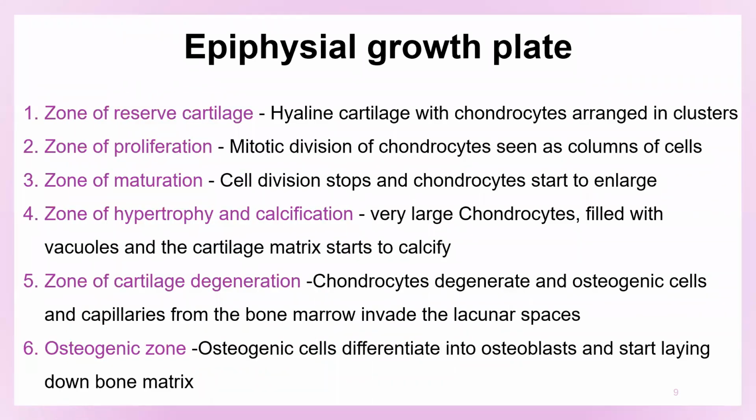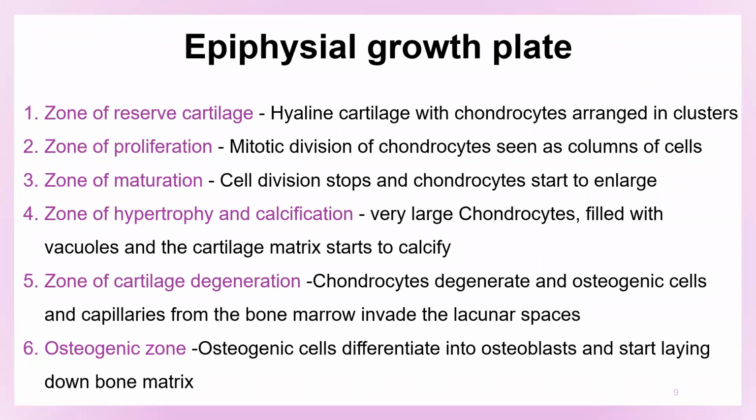Right, so this is just the description. I've gone through this many times, just to summarize. You have the reserve cartilage, which is hyaline cartilage with the chondrocytes arranged in clusters, just like you will see in any hyaline cartilage anywhere. Then the zone of proliferation where mitotic division happens and the chondrocytes are seen in columns or groups.